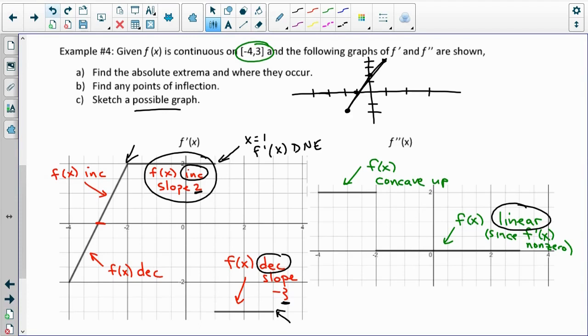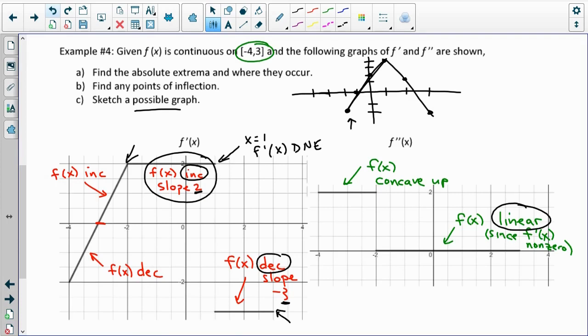Then I have a slope of -3 when x is between 1 and 3. So down 3 over 1. That's not down 3, sorry. Down 3 over 1, down 3 over 1.